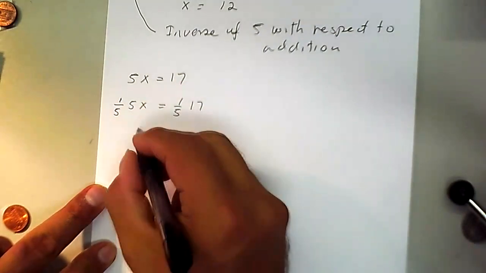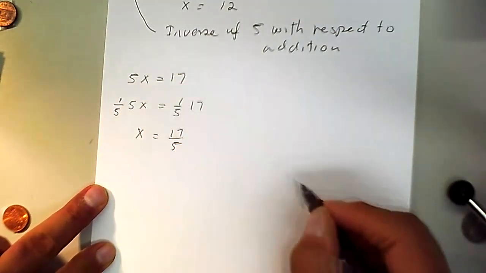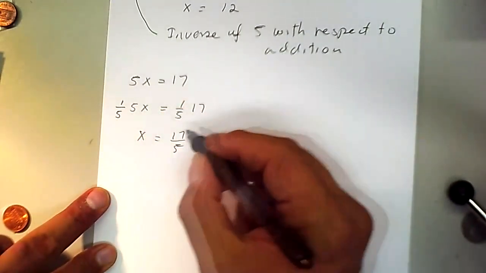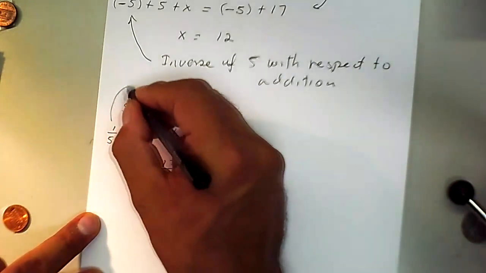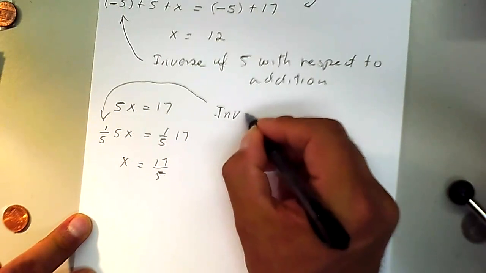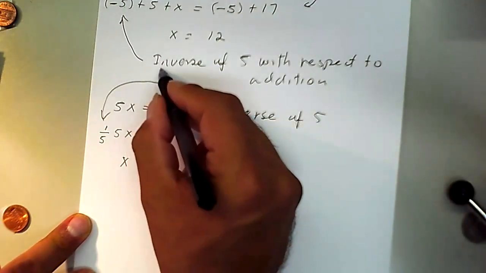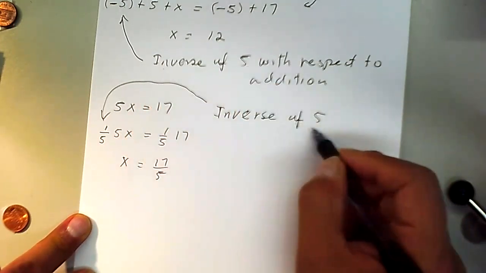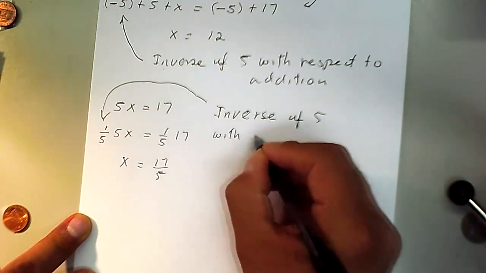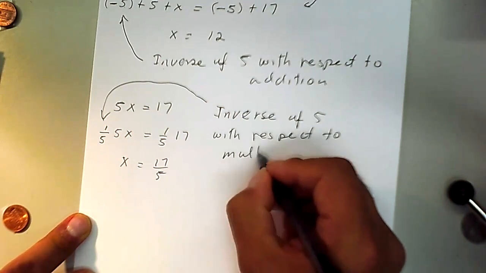So we end up with 1x equals 17/5, and then we actually do the operation here. Because of that, 1/5 is labeled as the inverse of 5. So far we have the same name, inverse of 5, inverse of 5. But this is with respect to multiplication.